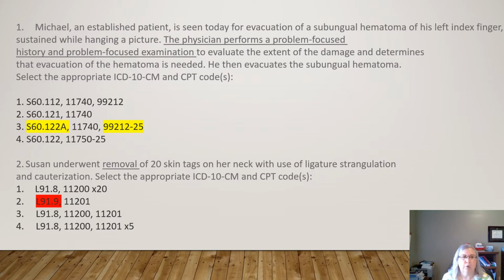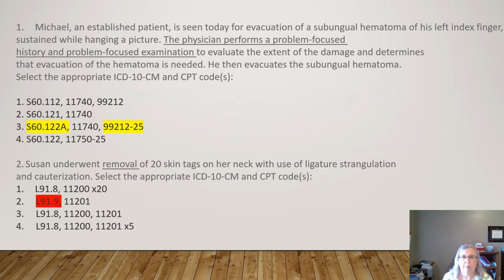Now, instead of just going straight to the answers, I always read the question, try to read it thoroughly. So hopefully your reading speed and your comprehension speed is where it needs to be with reading and comprehending these type of questions. So he is seen today for evacuation of a hematoma of his left index finger sustained while hanging a picture.